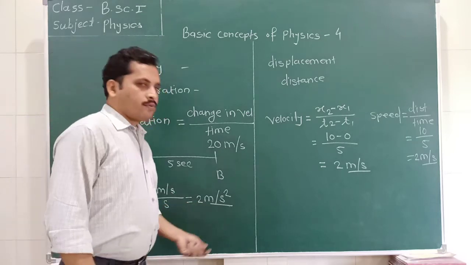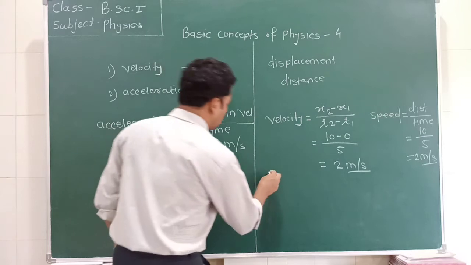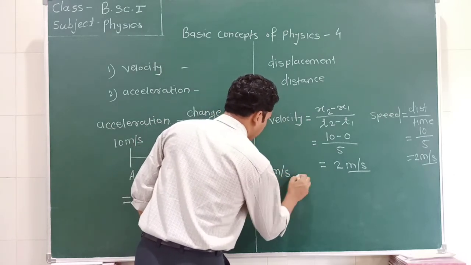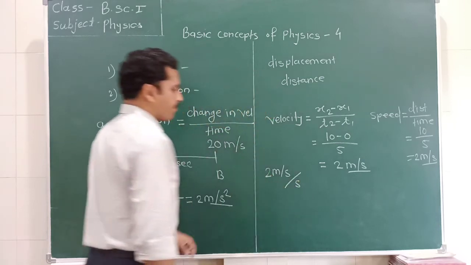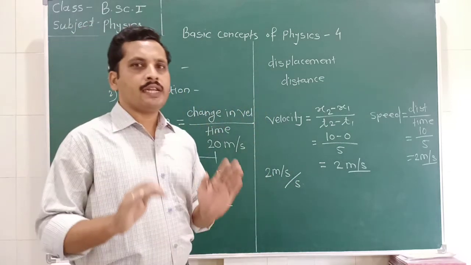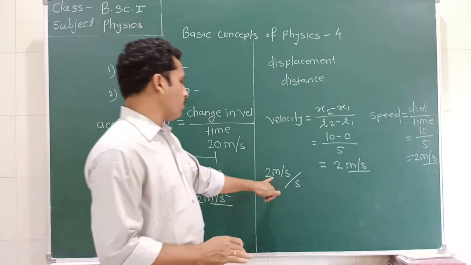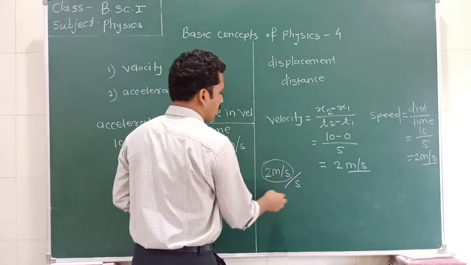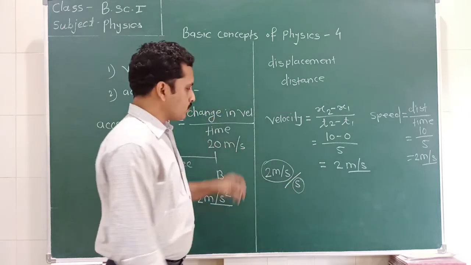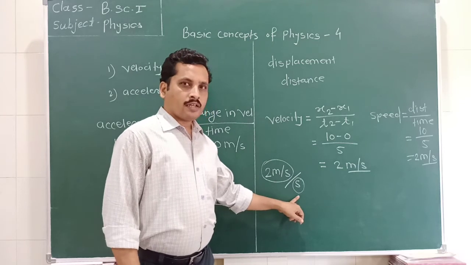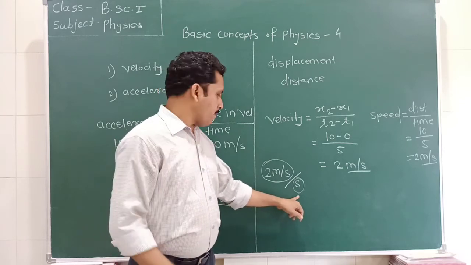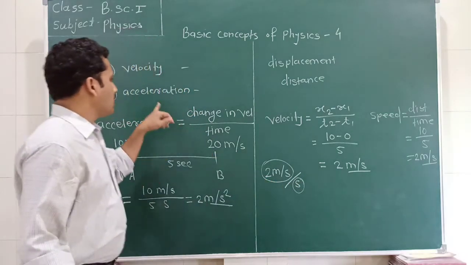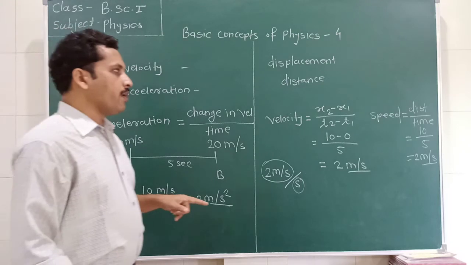So what is the meaning of 2 meter per second square? It can be written as 2 meter per second per second. It means the velocity increases per second by an amount of 2 meter per second. So in 1 second, the velocity increases by 2 meter per second. This is the acceleration, which is also a vector quantity.